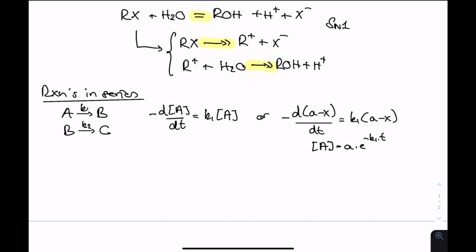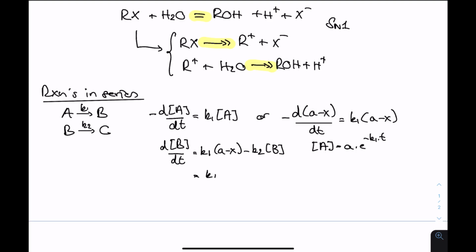For B, which is being formed, we have dB/dt, which will be k1 (A minus x) minus k2 times B. I just copy in the first reaction B is being formed, so it's the same as minus dA/dt, and in the second reaction B is converted to C with the rate k2 times B. Again, I'm assuming here that these are elementary reactions.